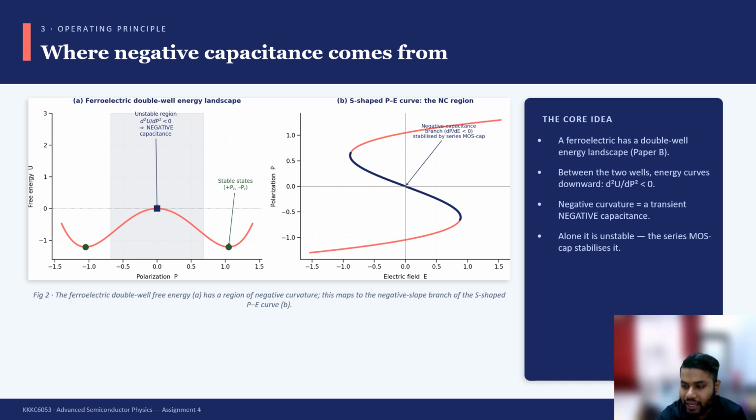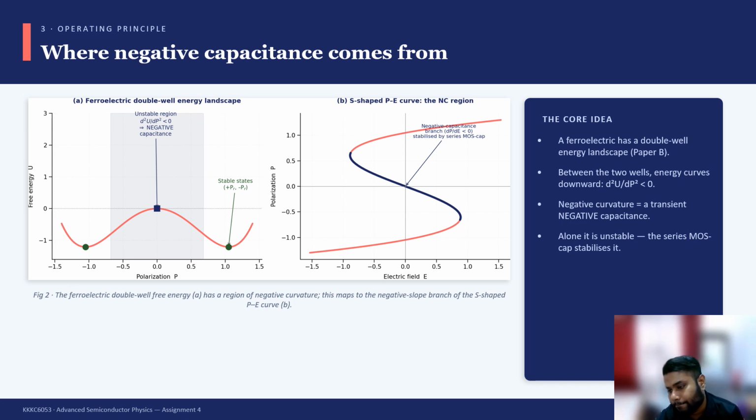Here the energy curves downward, meaning the second derivative of energy with respect to polarization is negative. In capacitor terms, a negative curvature of energy corresponds to a negative capacitance.